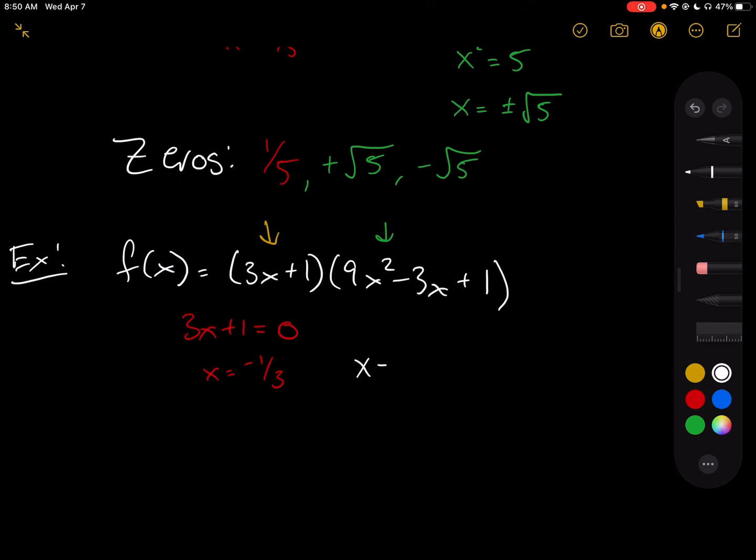We're not going to spend a whole lot of time on the quadratic formula, but just so we can see those roots. So negative b plus or minus the square root of b squared minus 4ac, over 2a.